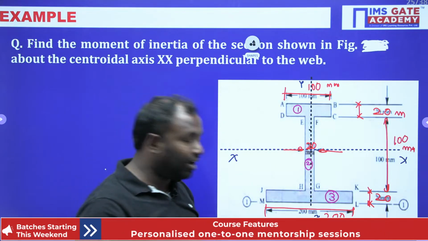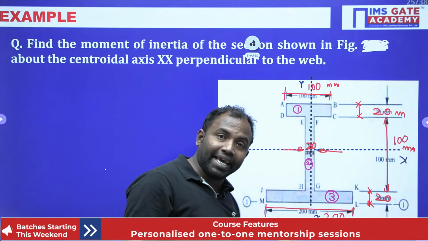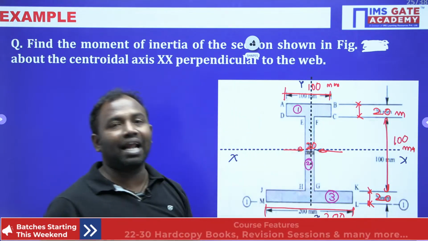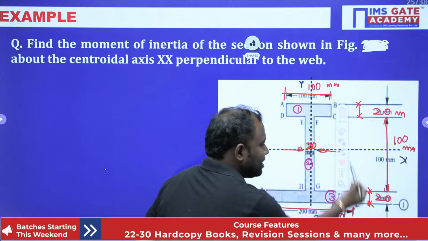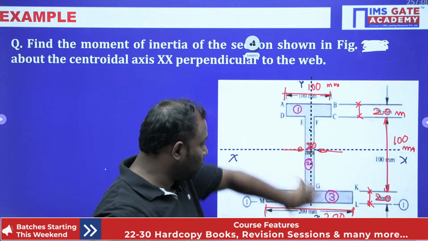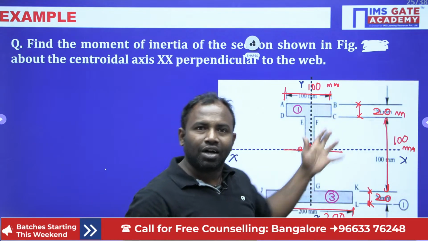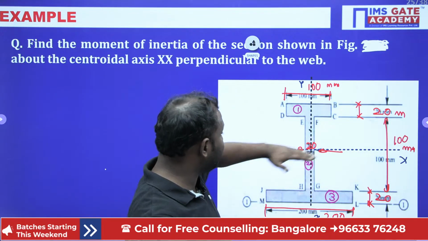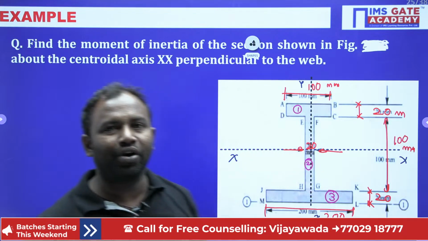That is why here we need to find the moment of inertia of the entire body about the base, and then we will apply the parallel axis theorem. How to apply it? This distance, centroidal distance, into area, so that you are going to get the moment of inertia of this body about the y axis. Hope you understand, guys.